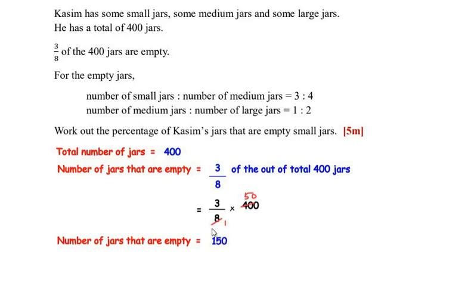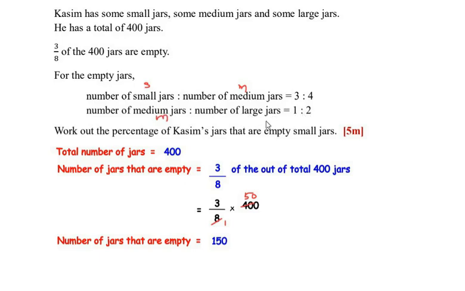Now once we have got this, let us focus on the second piece of information. That is, for the empty jars, that is for 150 jars, there is a ratio given: the number of small jars to the number of medium jars is 3:4. So let us consider the small jars as S and the medium jars as M, and the ratio of medium jars to the number of large jars is given as 1:2.